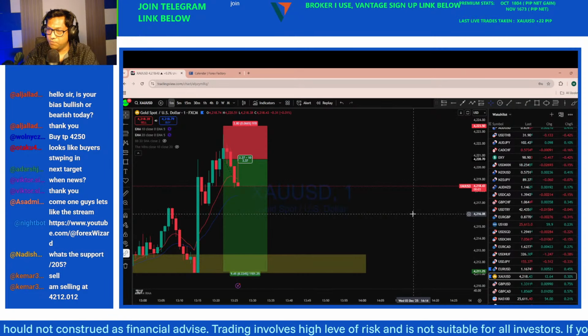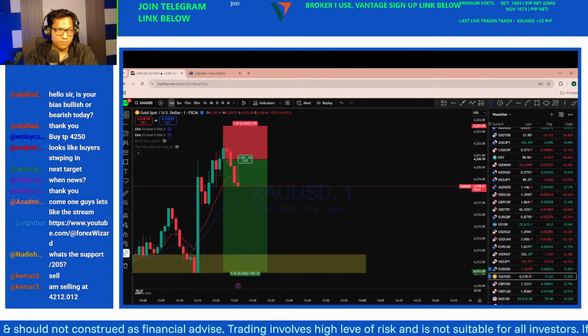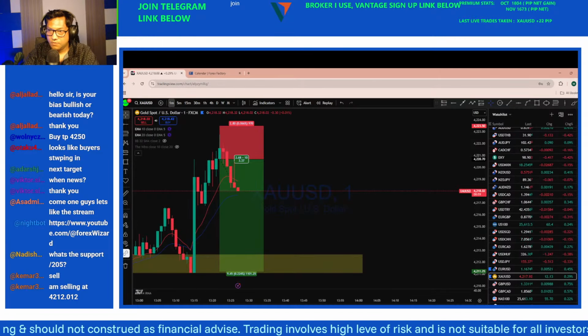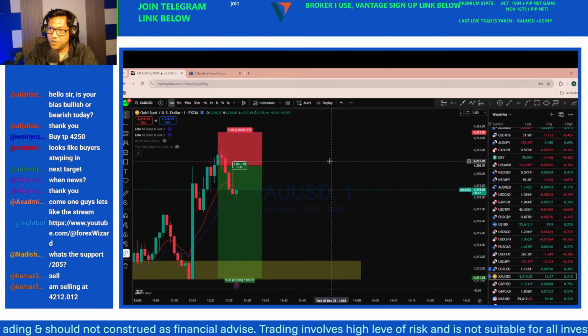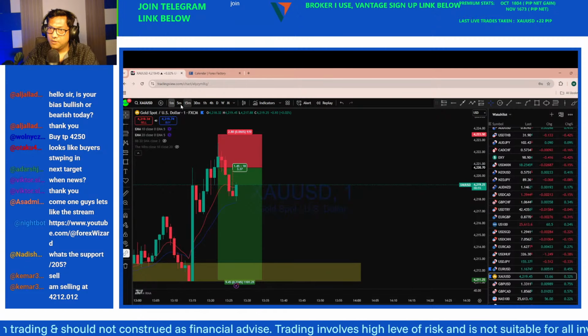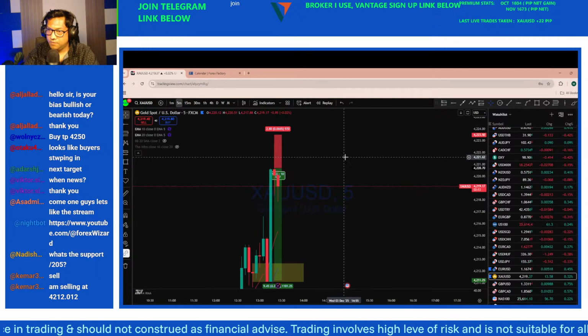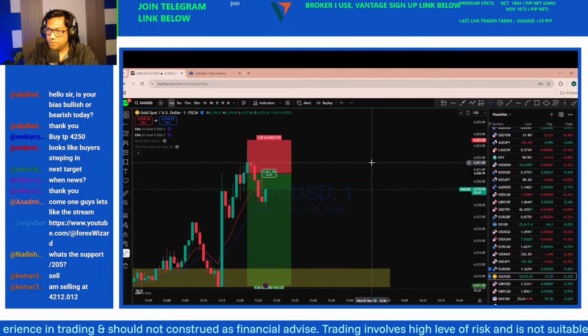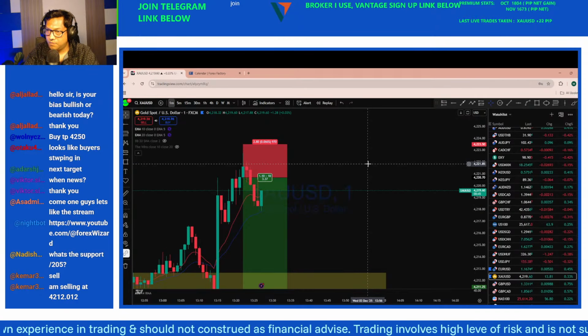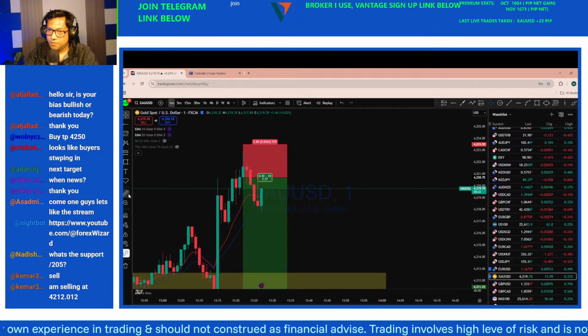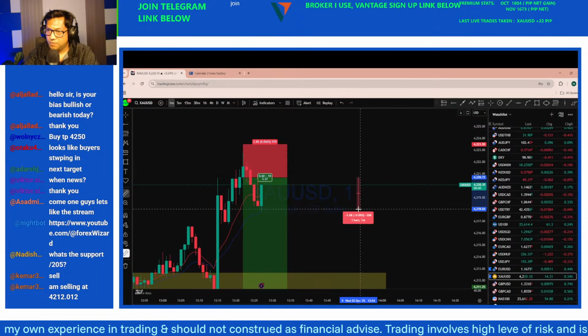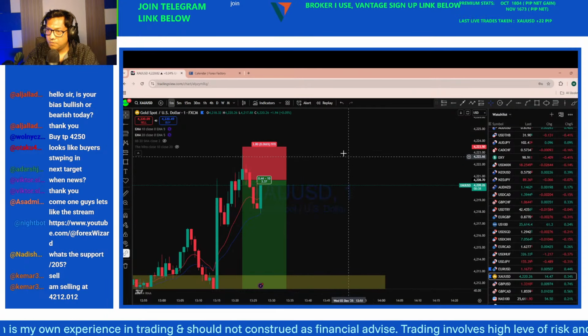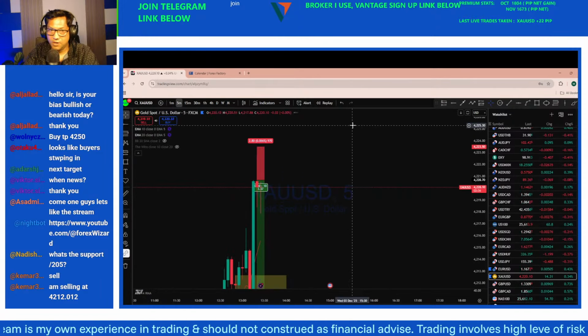All right, so there is a bearish rejection here as well. Awesome, there's a bearish pin bar, and looking for a little higher profit target.